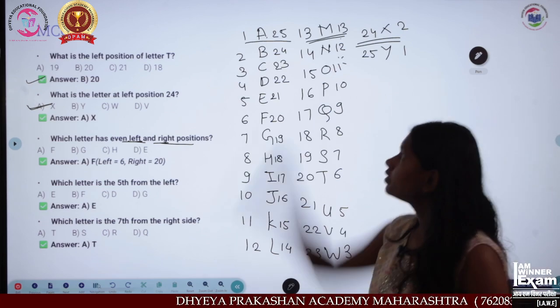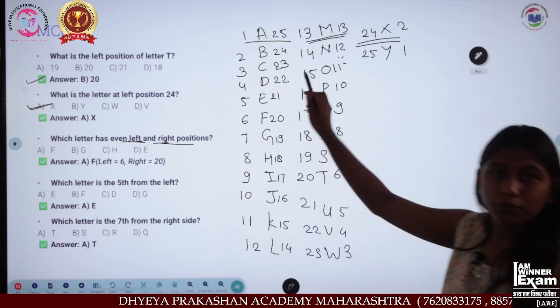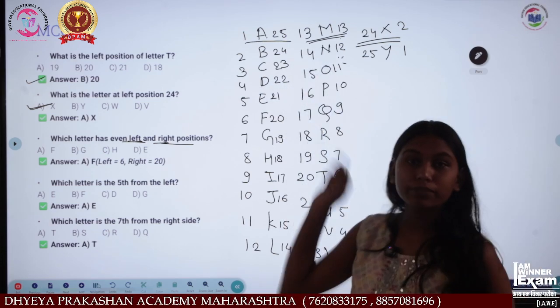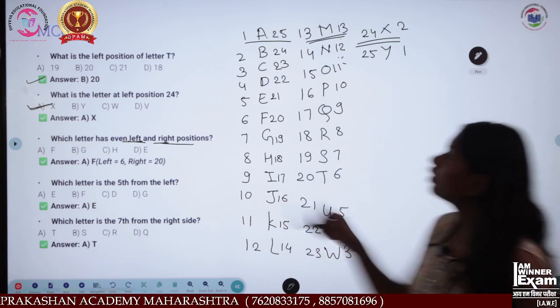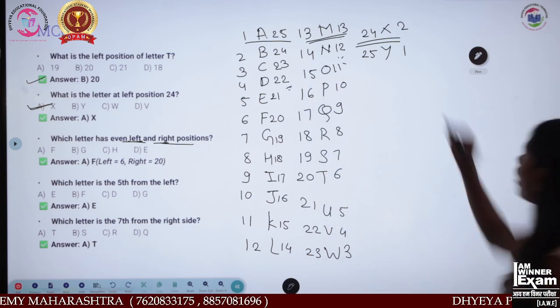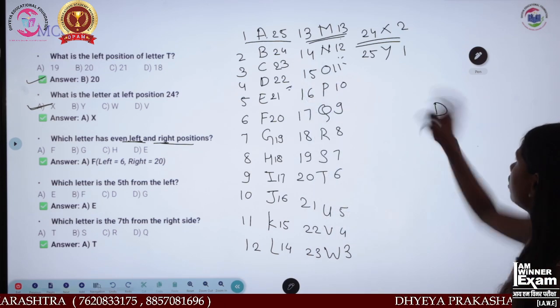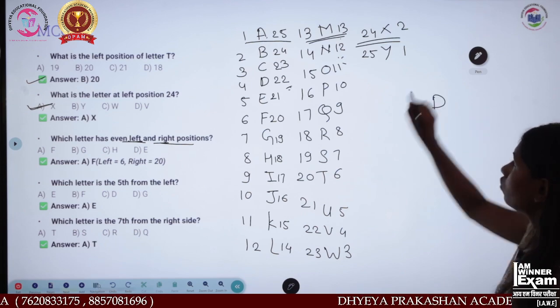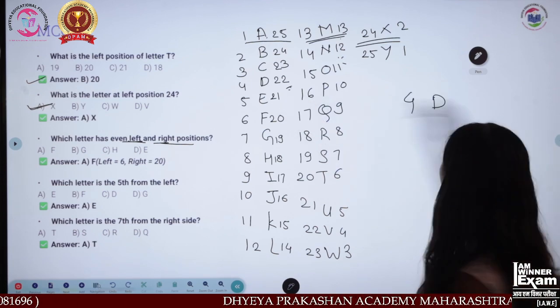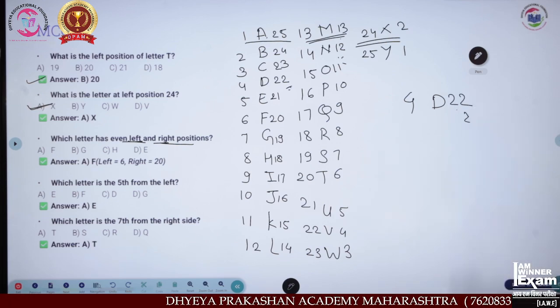Now let's take the C. In C there is 23 and 3. These numbers are not divisible by 2. Then come to the next, that is D. Now D has the number 4 on the left and 22 on the right.